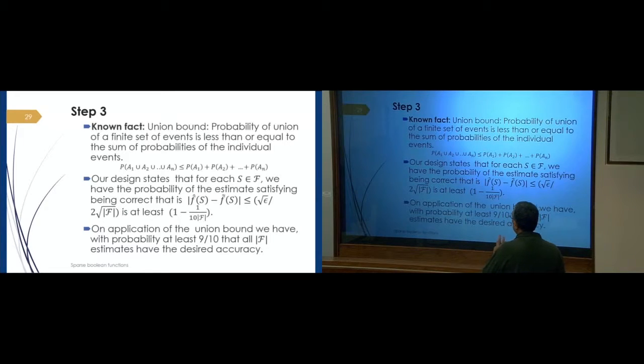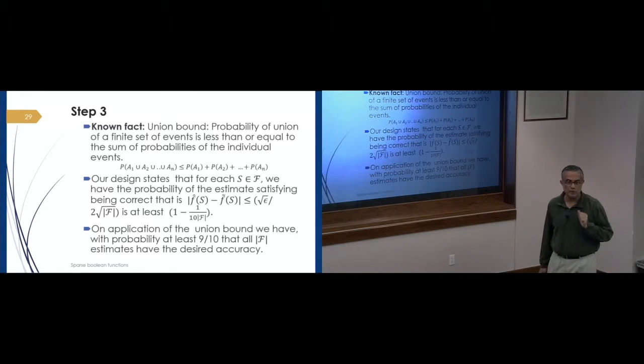So an application of the union bound to these sets in F will give us ultimately the fact that this guarantee is true at least with probability 9/10. So we'll simply use the union bound on the members of the set script F. So that's the reason I introduced the union bound.